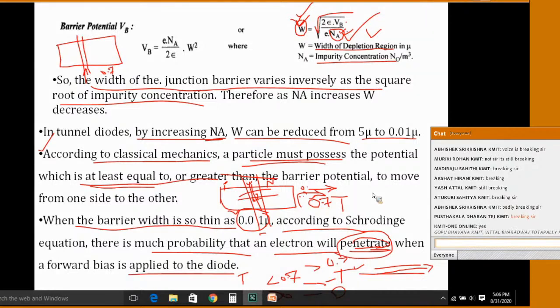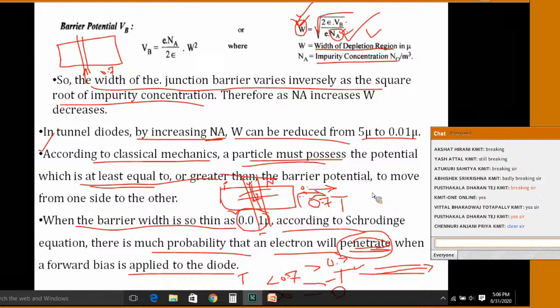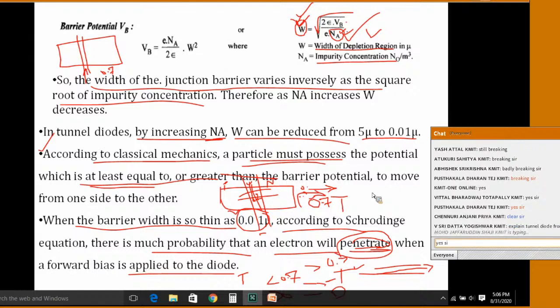Okay, it is badly breaking. Okay, clear. From the starting I have not gone through anything. This is the starting slide of your tunnel diode.